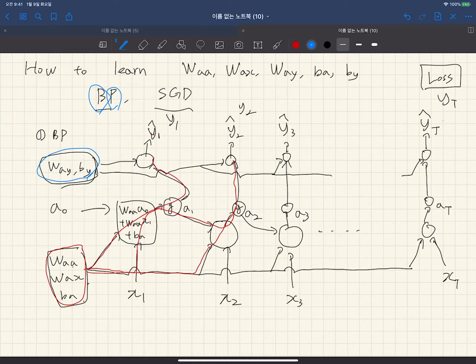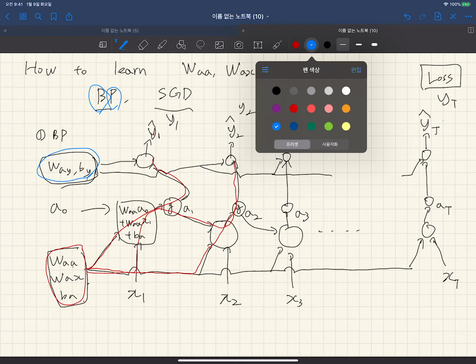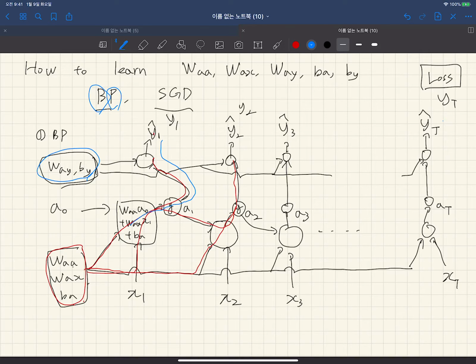Since there are a lot of forward paths, there are a lot of backward paths as well. So you consider every path from output to your parameters in this computation graph and compute the partial derivative for each path and then just linearly combine the partial derivatives. That is the backpropagation process.